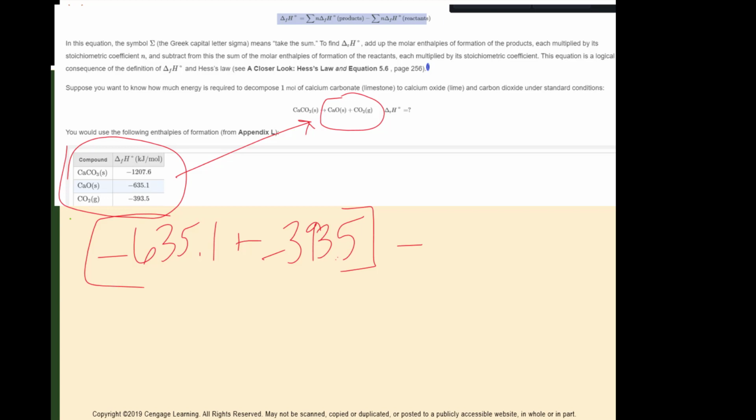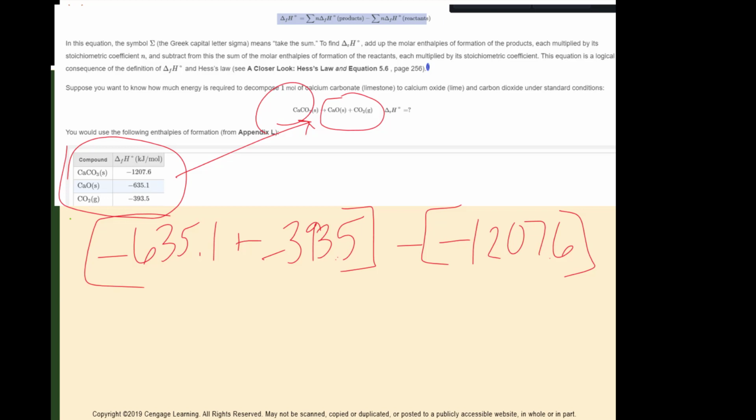Products minus reactants. My reactant is just my calcium carbonate, which is negative 1207.6. If I plug this into my calculator, let's do negative 635.1 plus negative 393.5. And then I'm getting negative 1028.6.